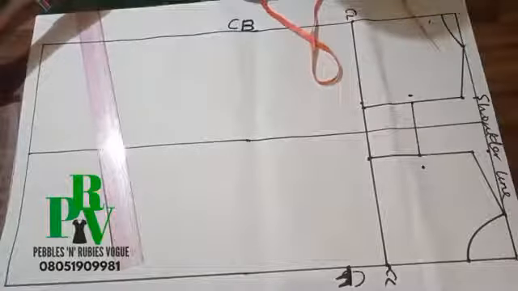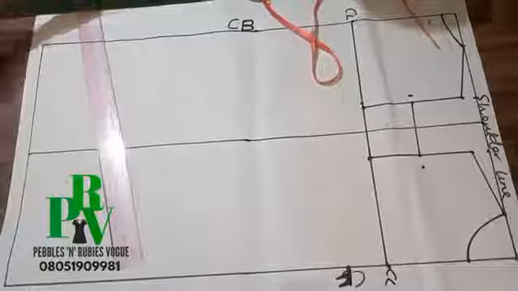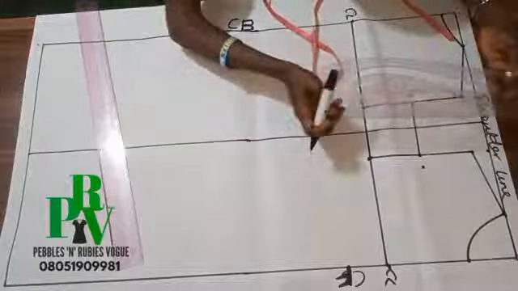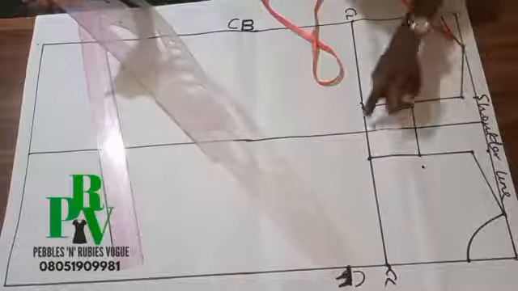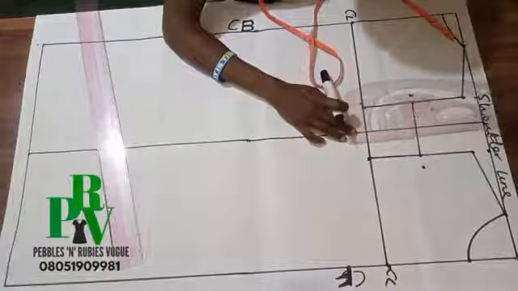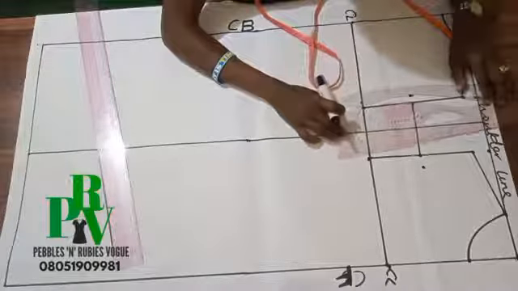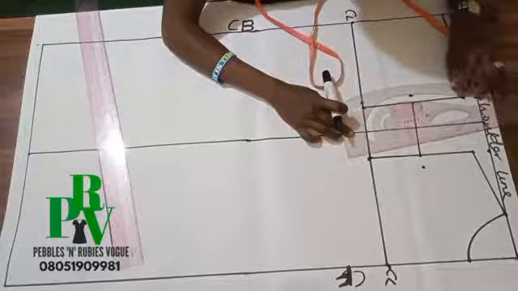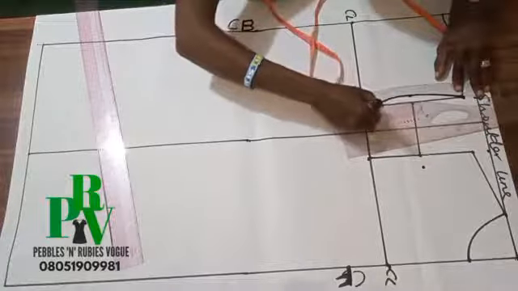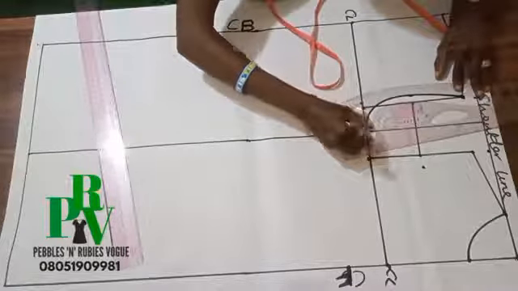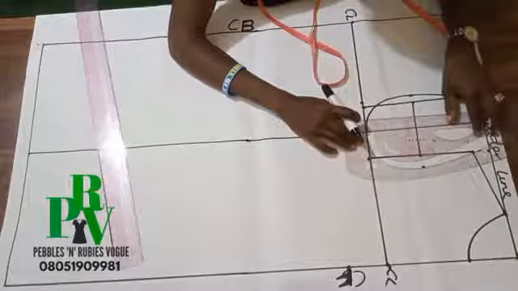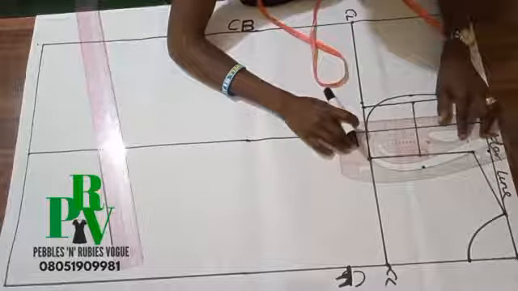This is my 0.75. And then on the back block, at that midpoint, we'll come in by 0.5. Okay, so I'll pick my curve ruler and connect this point to this point and then to the chest line. I'm connecting the 3 points here, here, and then the chest line. Alright, so here for the back, and then I'll do the same thing on the front block. I'm connecting the 3 points.